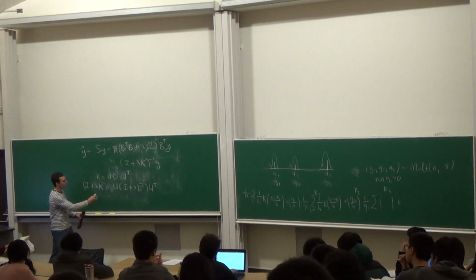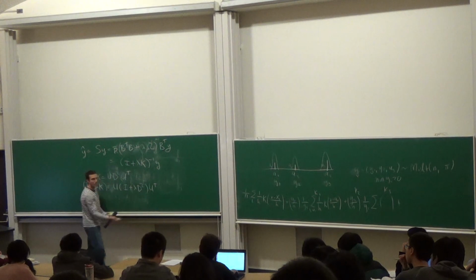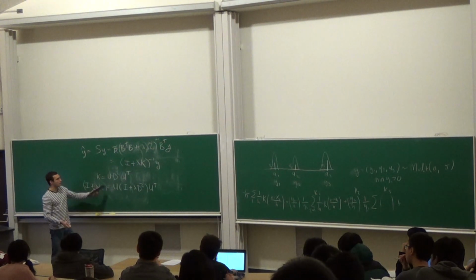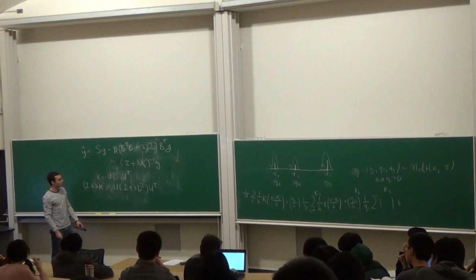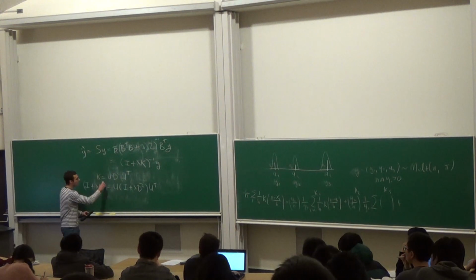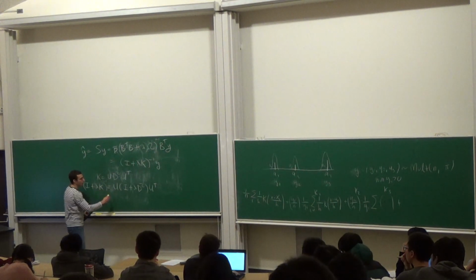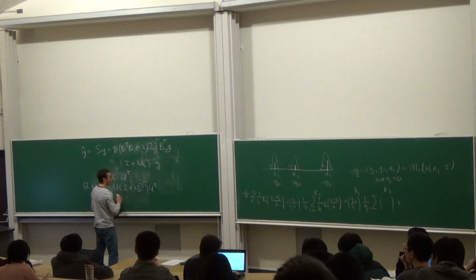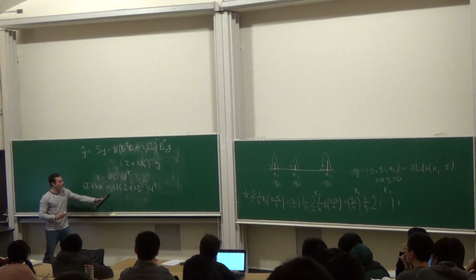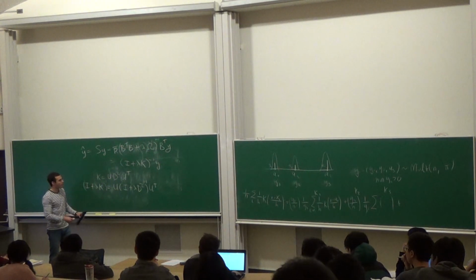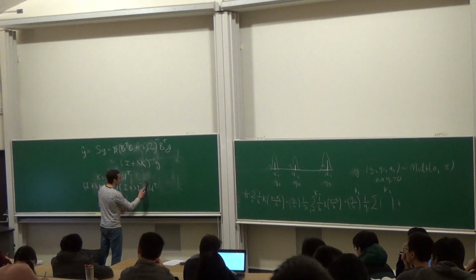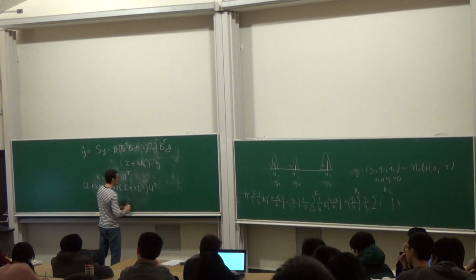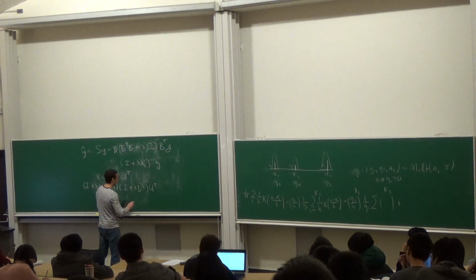That holds just because U has orthonormal columns and also orthonormal rows. It's a square matrix, so U transpose U is the identity. If I take the inverse of this, then that's its eigendecomposition. This is still a diagonal matrix, so I'm just going to invert each one of its entries.